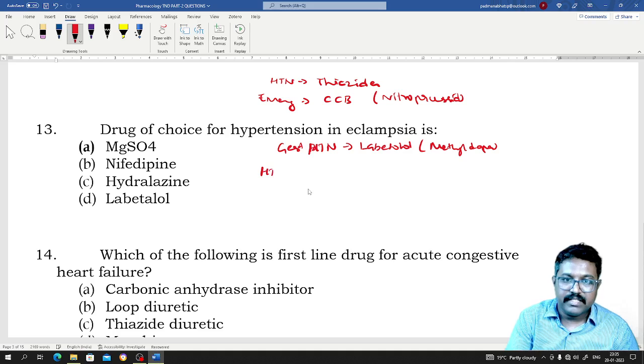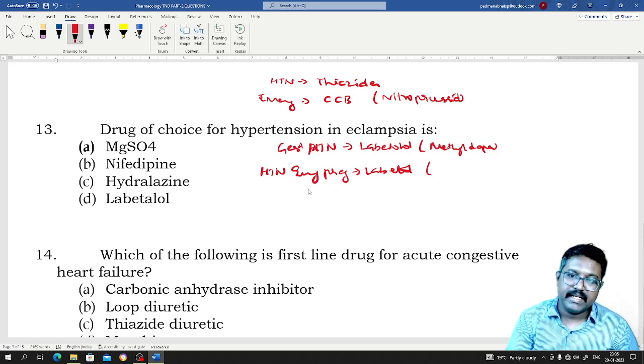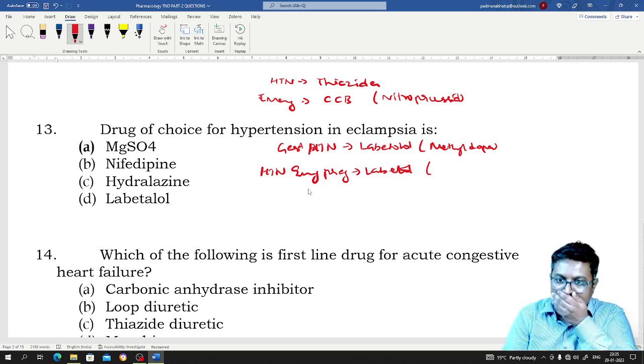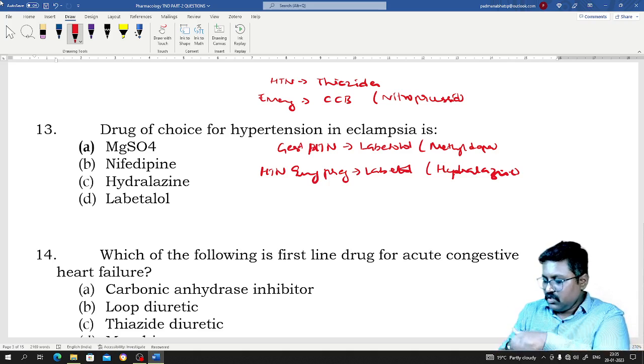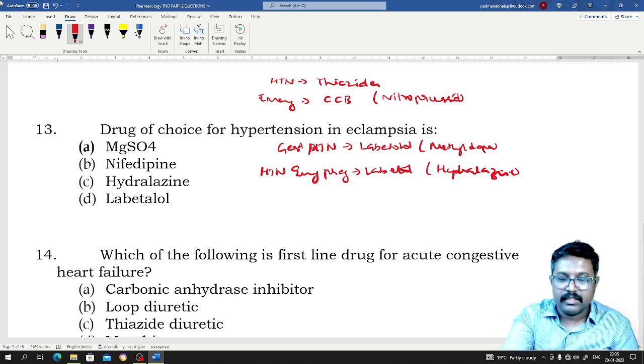And hypertensive emergencies during pregnancy, again labetalol is the answer, and the JNC criteria says that it is your hydralazine.